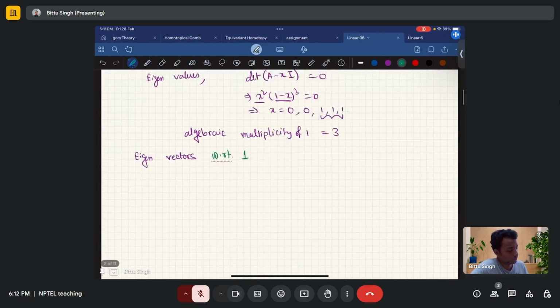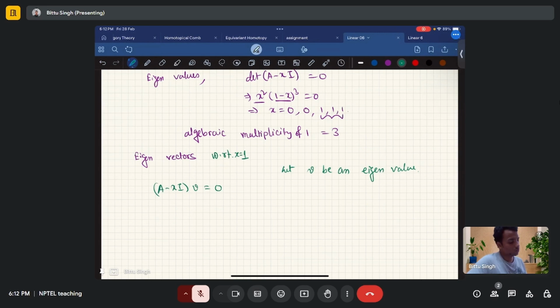So here, let v be an eigenvector, then clearly A minus xI times v equals 0. Here we have assumed x equal to 1.